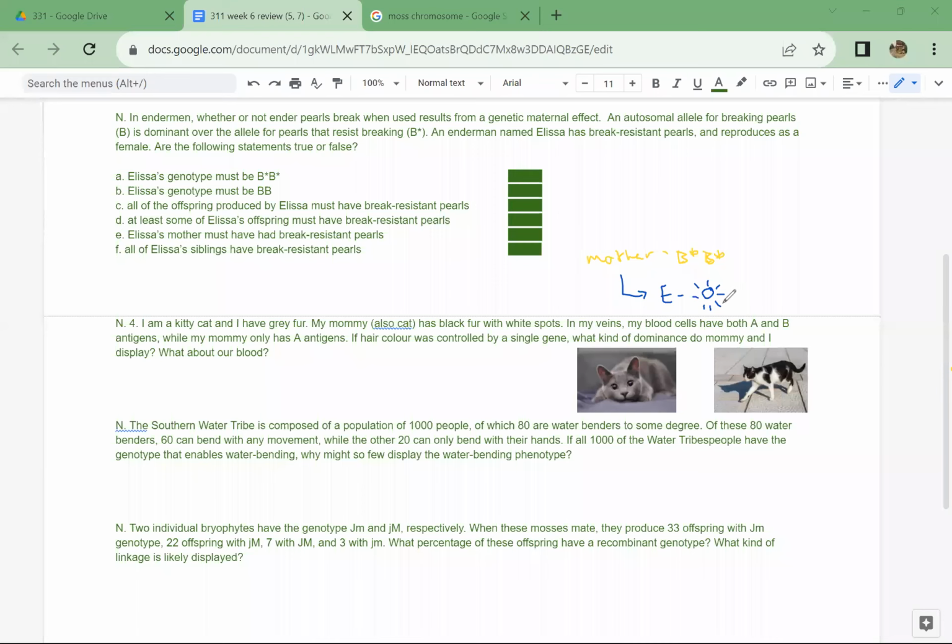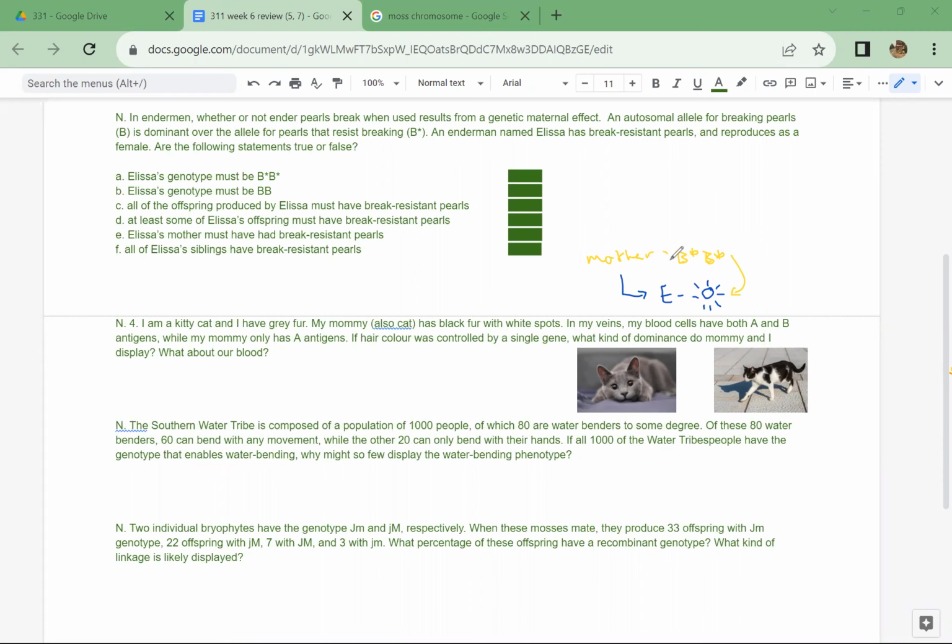But I said it earlier, what color do I want to use? Fine, I'll do it. Just like Elisa's phenotype came from her mother's genotype, oh my God, I'm sorry.